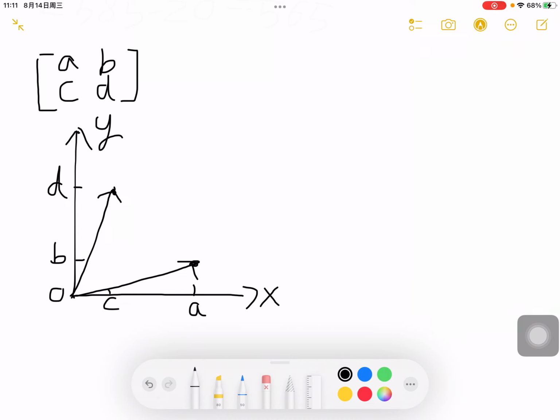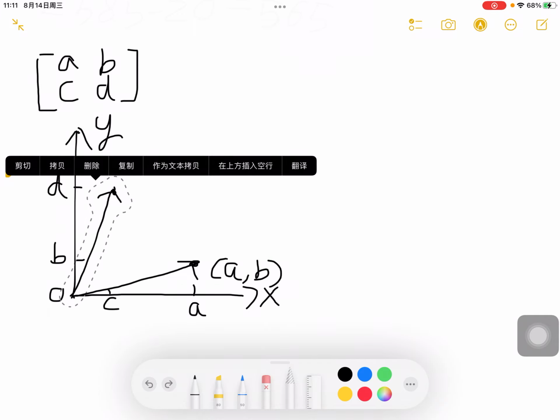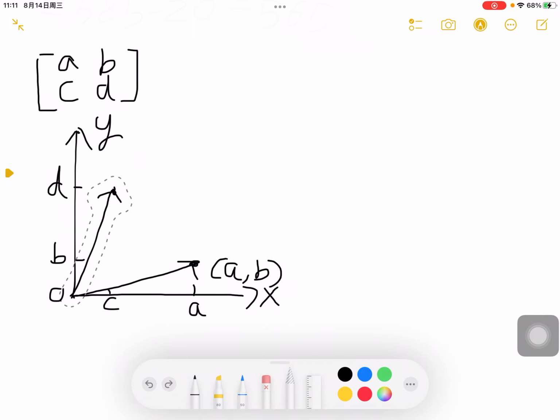And what I want to do here is make a parallelogram out of these vectors. You'll see why later. This point here is going to be AB, right? I want to start from this point and then copy and paste this vector over here. And I put the resulting vector here.